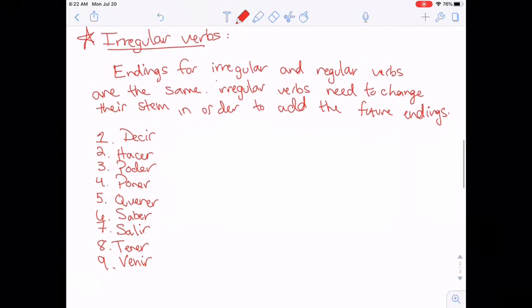Okay. So I'm going to ask you for the stem here, and then let's say just the tú form.